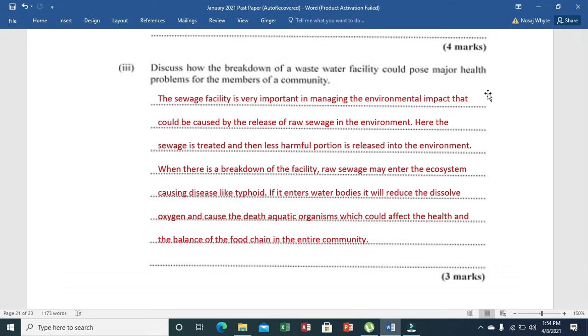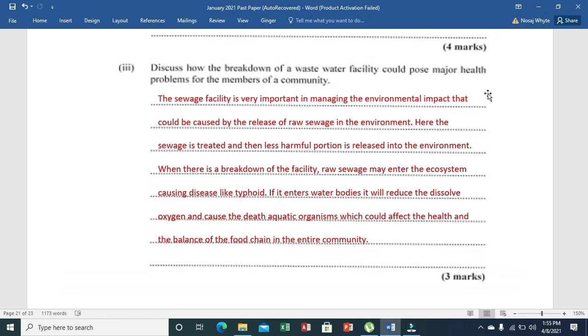So here the sewage facility is very important in managing the environmental impact that could be caused by the release of raw sewage in the environment. Here the sewage is treated, and then the less harmful portion is released into the environment. Now, when there is a breakdown in the facility, raw sewage may enter the ecosystem, causing diseases like typhoid.